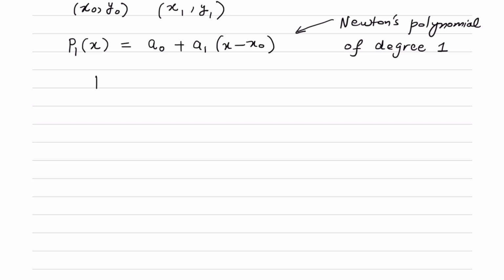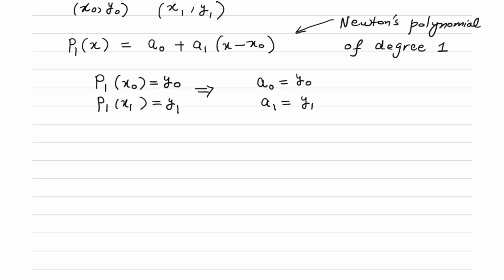Using the two conditions, that is p1 of x0 should be equal to y0 and p1 of x1 equal to y1, we found these two unknowns, which are a0 as y0 and a1 as (y1 - y0) over (x1 - x0).